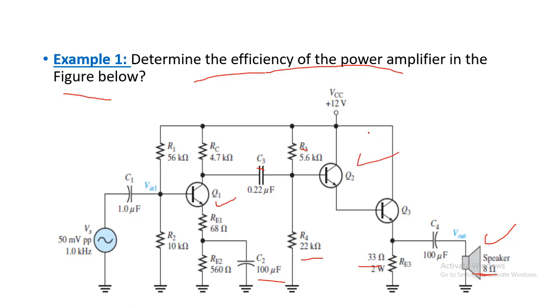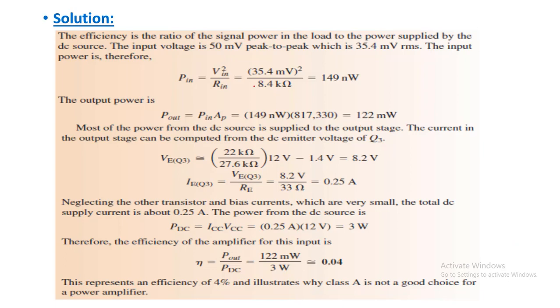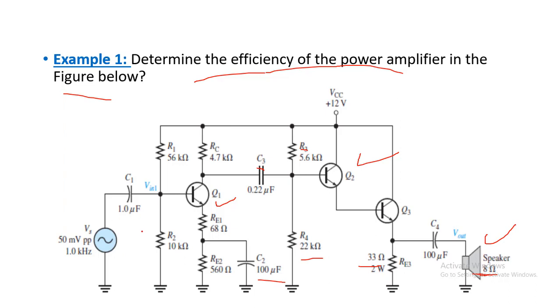The first thing we have to find is the input power. The input power is nothing but the input voltage multiplied by the input resistance. The input resistance is 8.4 kilo ohm. And how do we do that? We basically solve this.